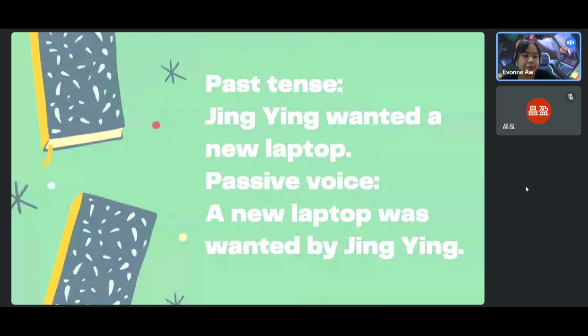For example, Jing-Ying wanted a new laptop. This sentence is representing a past tense. Next, a new laptop was wanted by Jing-Ying. This sentence is representing a passive voice, but as we can see, both of them use past participle, that is the word want.